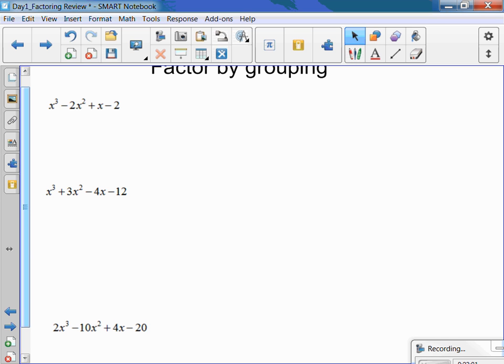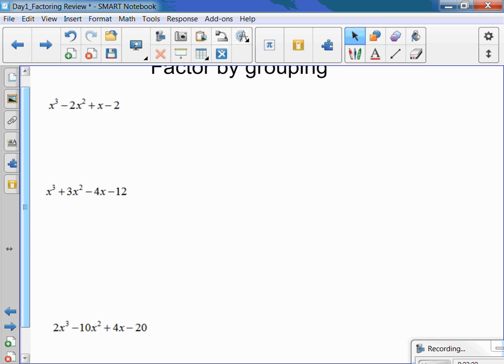Anyone remember how to do factor by grouping? Those of you who do the AC method, you've done factor by grouping. Rebecca knows. Any guess on how we start this off?